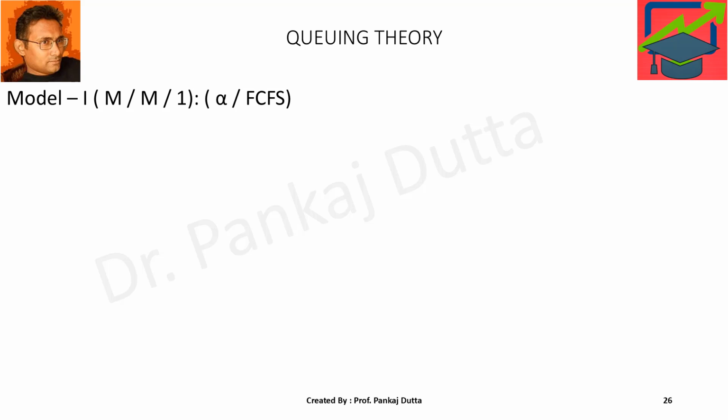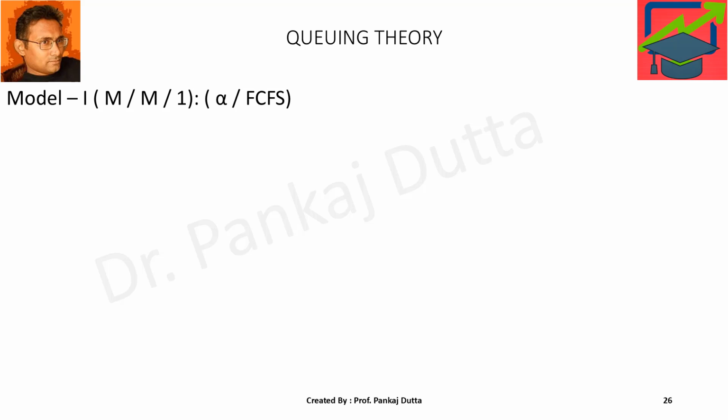The first letter specifies the arrival process while the second letter specifies the service process. We know arrival process follows Poisson distribution while the service process follows exponential distribution. As you can see, we have used the same letter M to characterize both the cases. Why so?